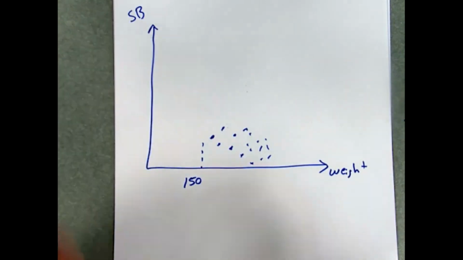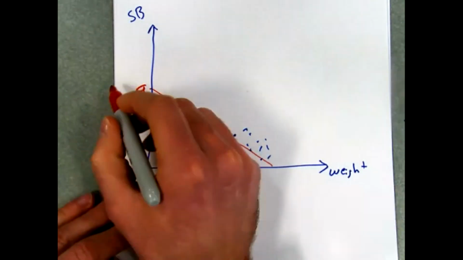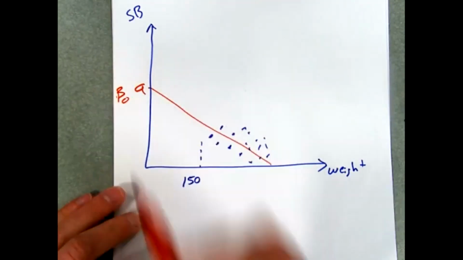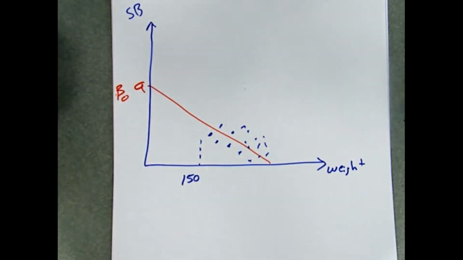So all of our data is going to be over here. When we come up with that line of best fit, it's still going to have an intercept. Think about this as beta 0, but we're never going to actually see a data point over here at the intercept, but that's still how we interpret the intercept. Okay? Is that making sense? Any questions on that?